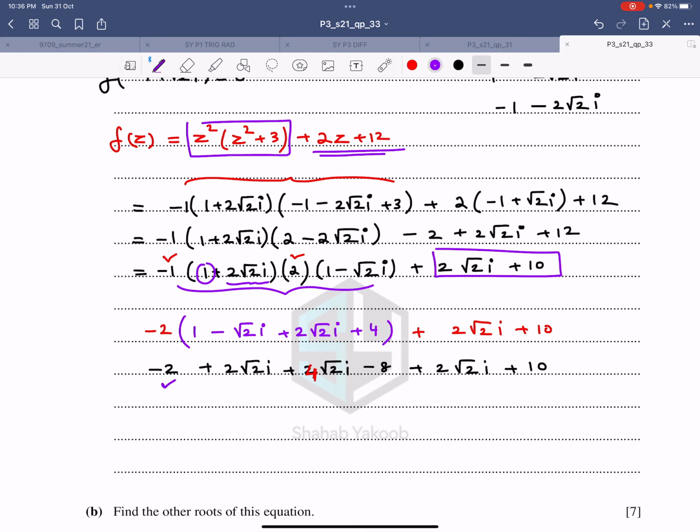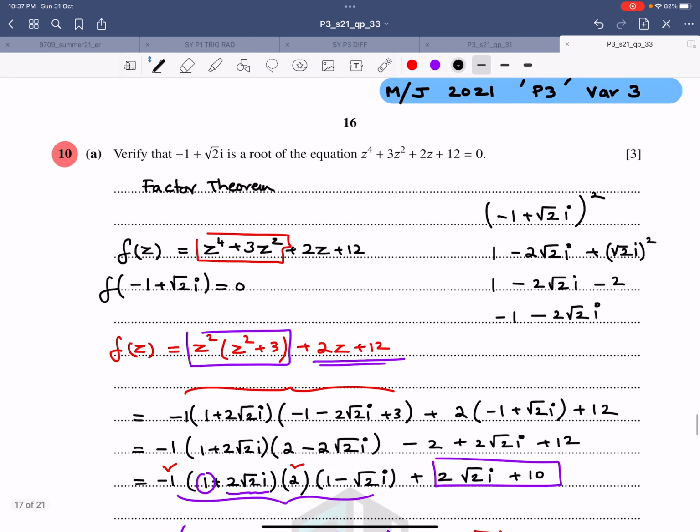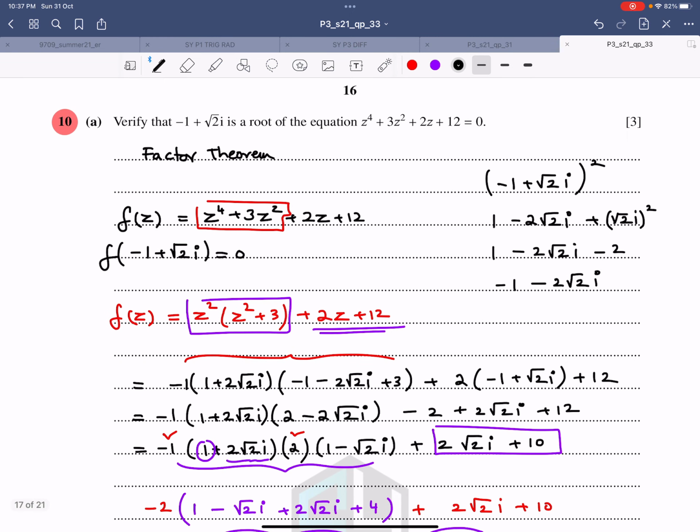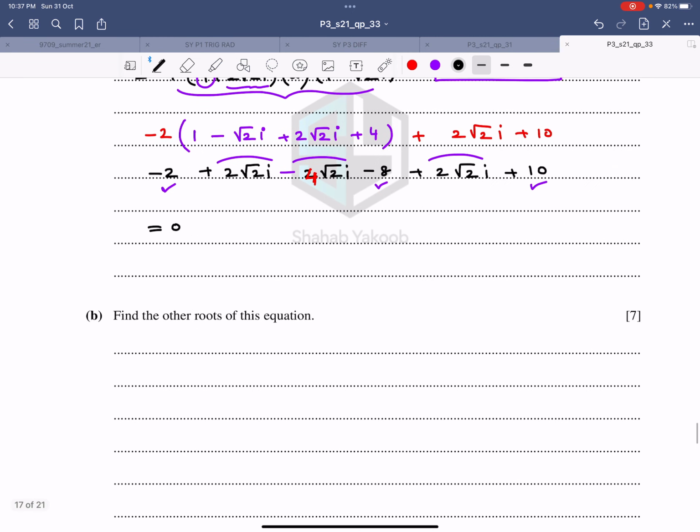Negative 8 plus 10 cancels off with the negative 2. For 2 root 2i plus 2 root 2i, there should be something negative, and this one is negative. So let me grab the eraser, and this thing is negative. So therefore this thing cancels off, and what are you left with? You are left with a 0. That means for 3 marks you have proven that yes, indeed it's a root of this equation.